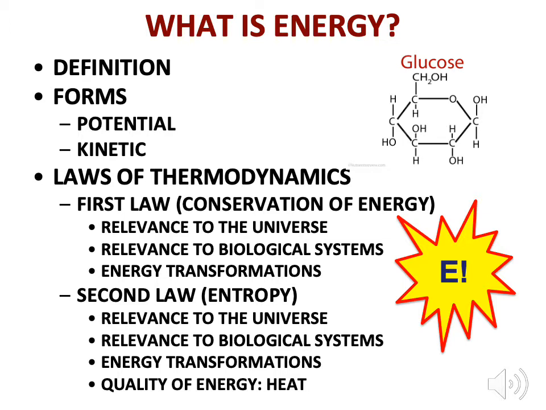The bullet point under the second law says energy transformations. Please write down: energy transformations are never 100% efficient. And that's true even in non-biological systems. When you sit in your car, turn it on, and drive 100, 200, 300 miles, your gas gauge goes down.